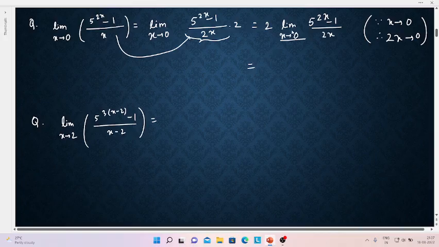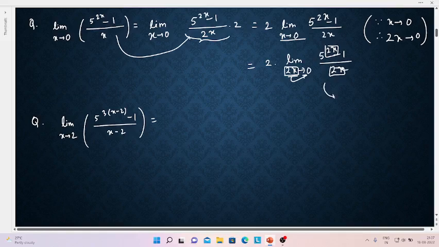So we can write this as 2 times limit 2x tending to 0, 5 to the power 2x minus 1 upon 2x, right? Here you can see that 2x is there, 2x is there, and 2x is there. These 3 terms are the same, and that term is tending to 0.